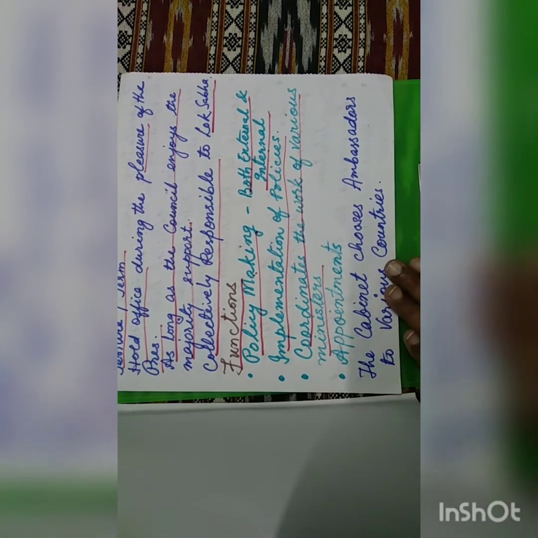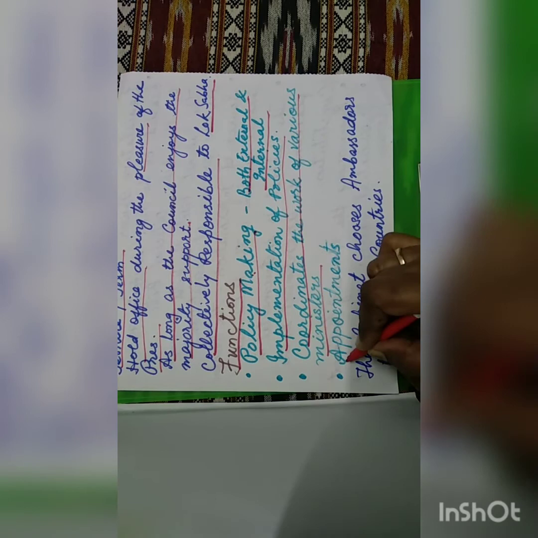Otherwise, if any one of the council of ministers disagrees with the policies made, or disagrees with the implementation of those policies, it will lead to the failure of the ministry and they will lose power.